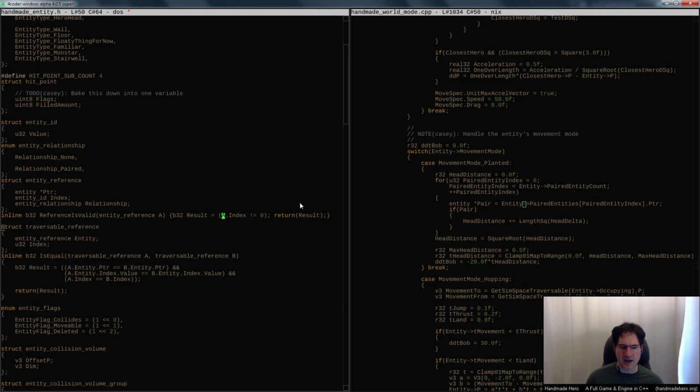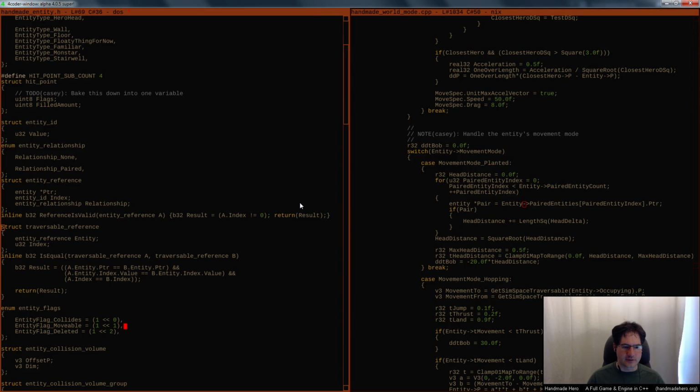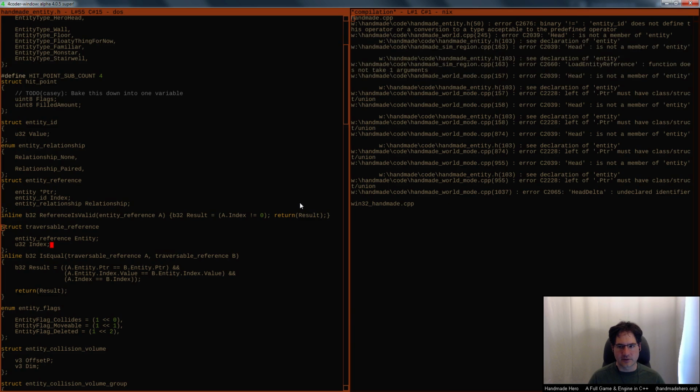It's never going to look at the pointer, because the pointer is irrelevant. If the pointer is 0, it still could mean that the index was valid, in which case this reference is still valid. So something like that, right? So let's say that that was the case. I'm going to go ahead and compile this.